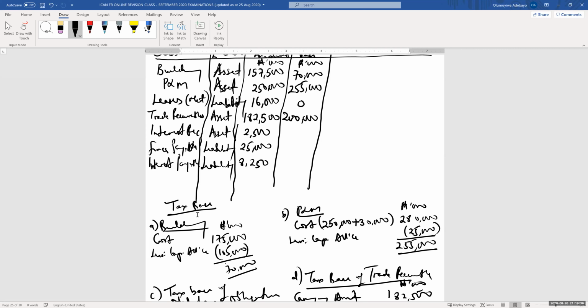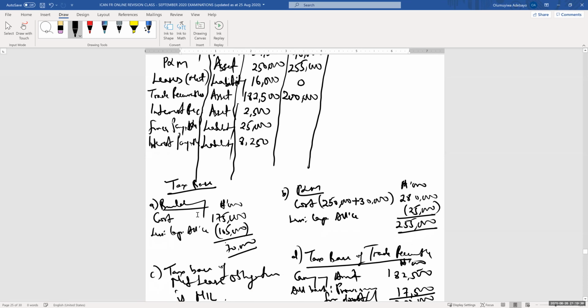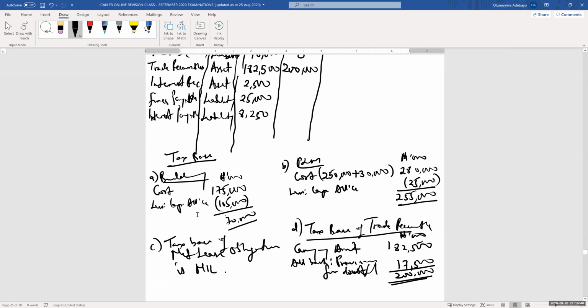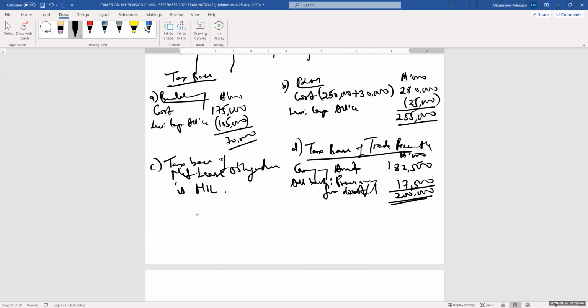Now, interest receivable. There is nothing like interest receivable because for tax purposes, that interest has not been received. Therefore, the tax base of such an interest receivable, given that it's only going to be recognized for tax purposes on a cash basis, is nil.